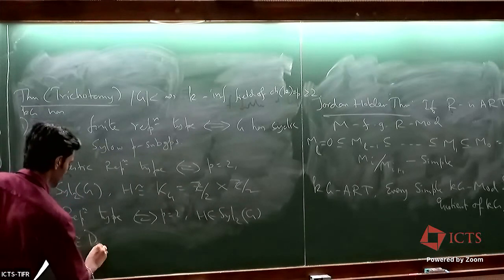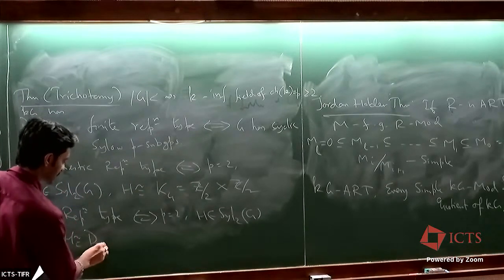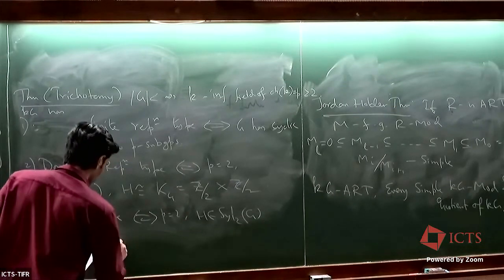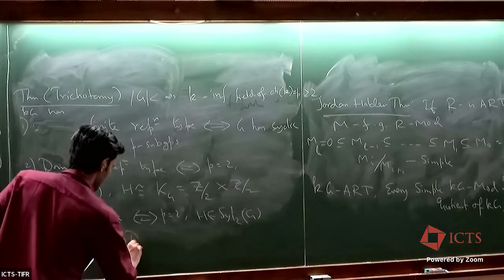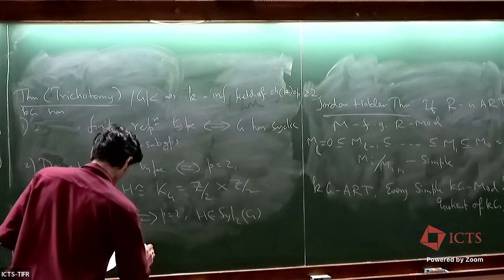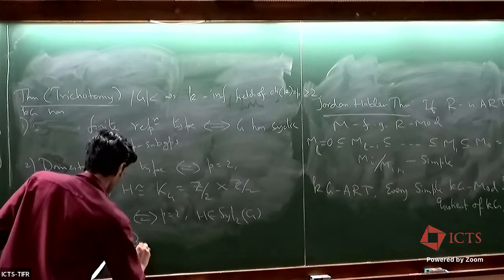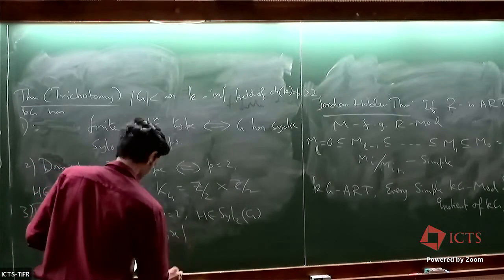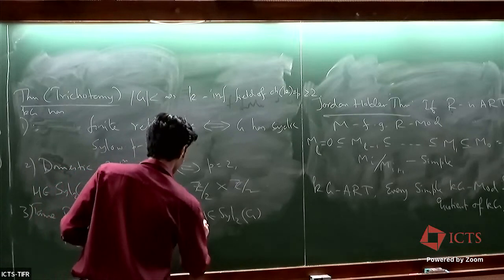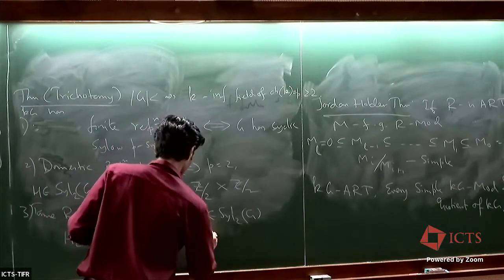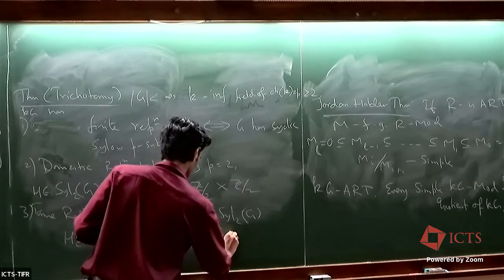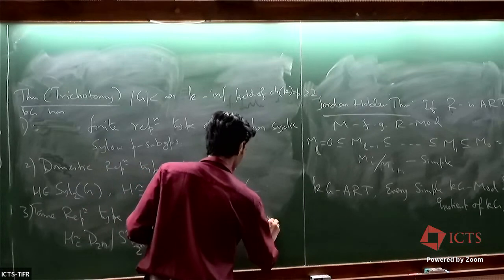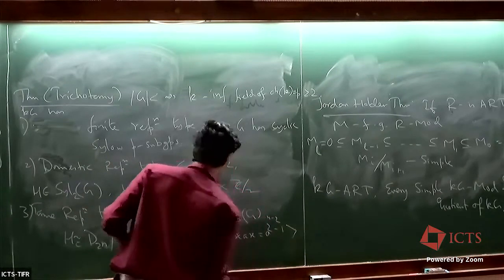H is either isomorphic to the dihedral groups. So I use this symbol D_2n for the dihedral group of order 2n. Or it is a semi-dihedral group, the symbol is SD_2^n, and that is the group generated by two elements with the relations a to the power 2^(n-1) equals x squared equals 1, and x a x inverse equals a to the power 2^(n-2) minus 1.